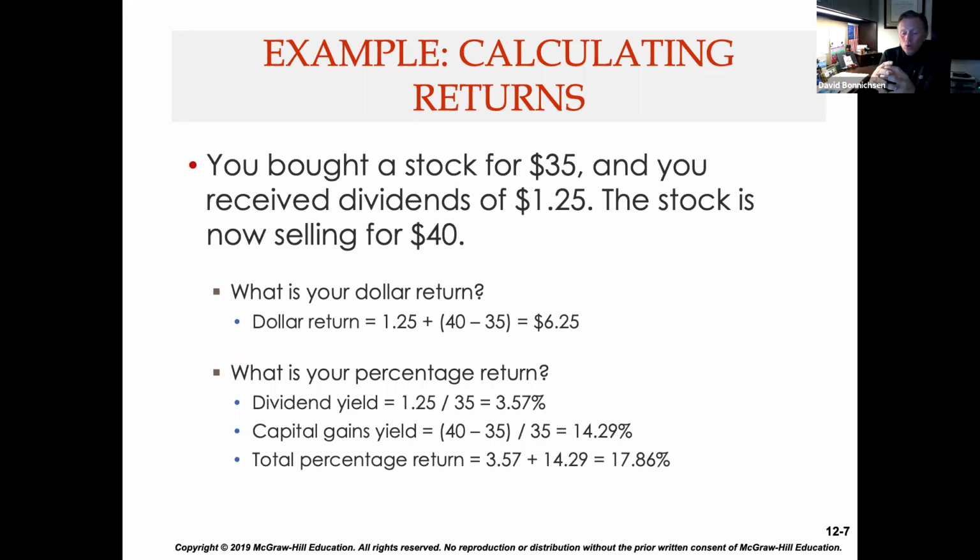So our total return, which is what we care about, is 17.86%. So total return is comprised of two things, dividend yield and capital gains yield. Those two things put together give us the total return for an investment.